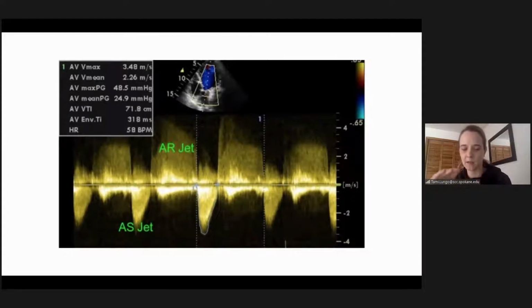Same thing with the AI, drop the baseline down. Sometimes I make my sweep speed longer so it draws that out more so that you can understand how to do that pressure half time measurement. So depending on which one you're looking at, accentuate that actual waveform and then go with it. But both of them together are always nice to show them too.